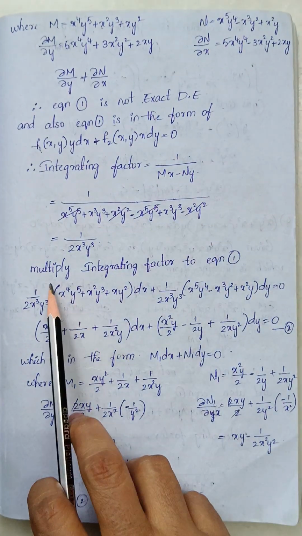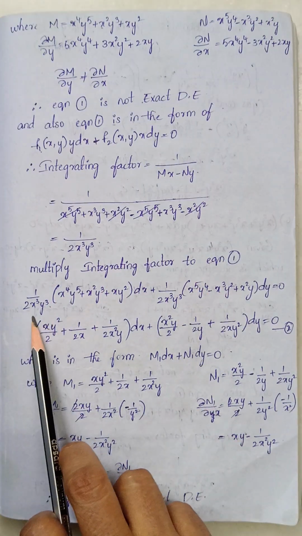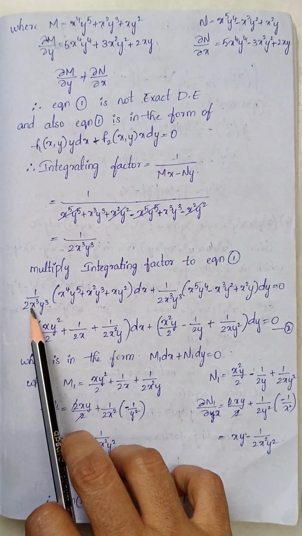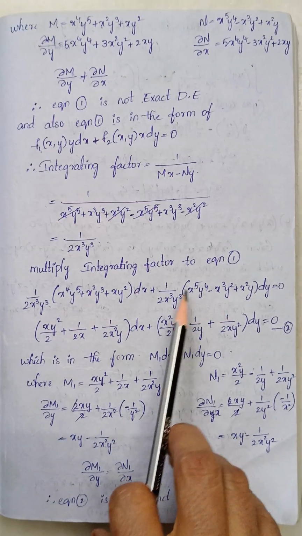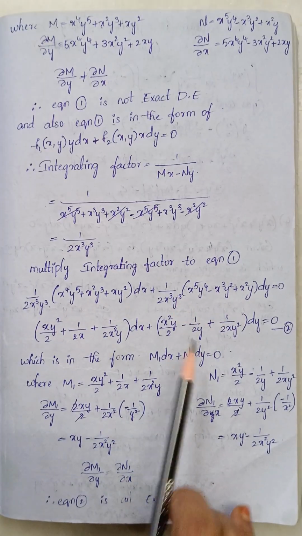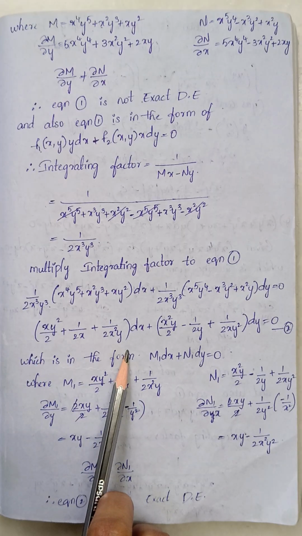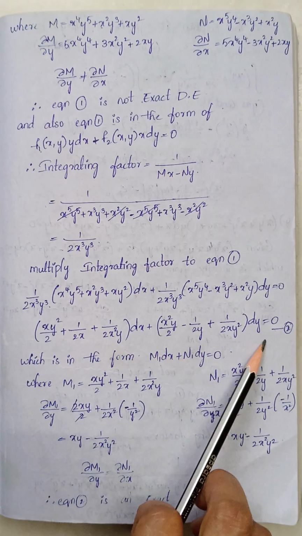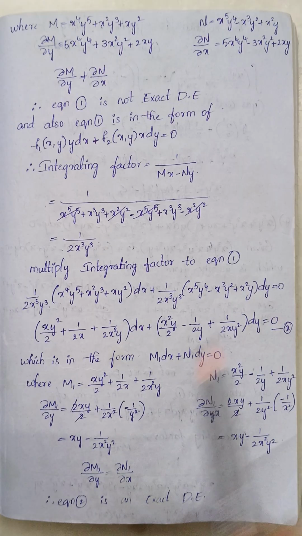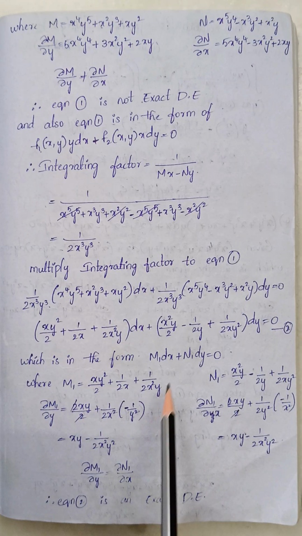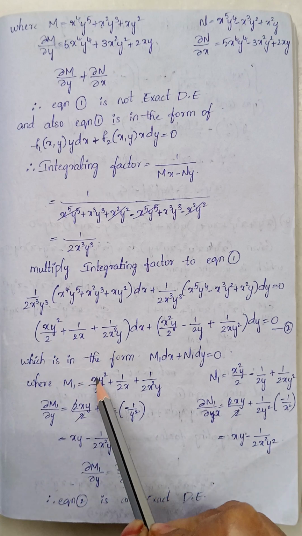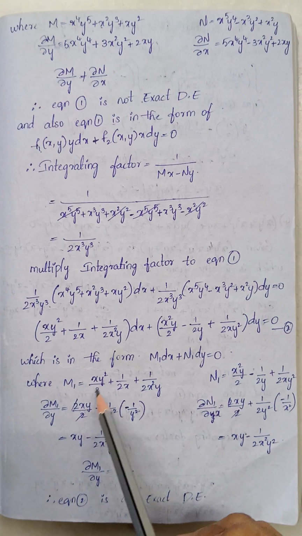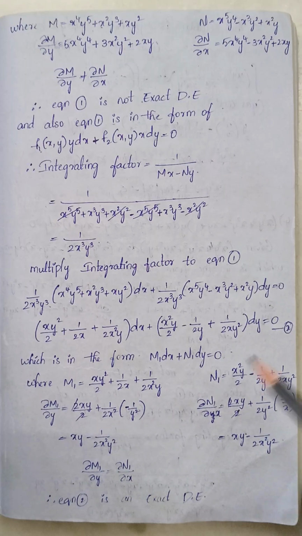So directly we can multiply the integrating factor to equation 1, then split the terms, this divided by this, divided by this, third term divided by this. Similarly like this. After this it will become m1 dx plus n1 dy equal to 0, and it is exactly an exact differential equation. Let us see. Dou m1 by dou y, with respect to y means x constant, so x by 2 constant, y square derivative is 2y.